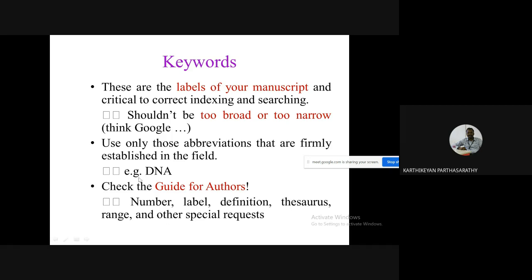If everybody knows it, for example DNA is known by everyone, then we can include DNA. Or take FDI, foreign direct investment; if everybody knows it, then we can include FDI. But if you feel the abbreviation is not known by all, then better to include the full form of the word in the keywords.